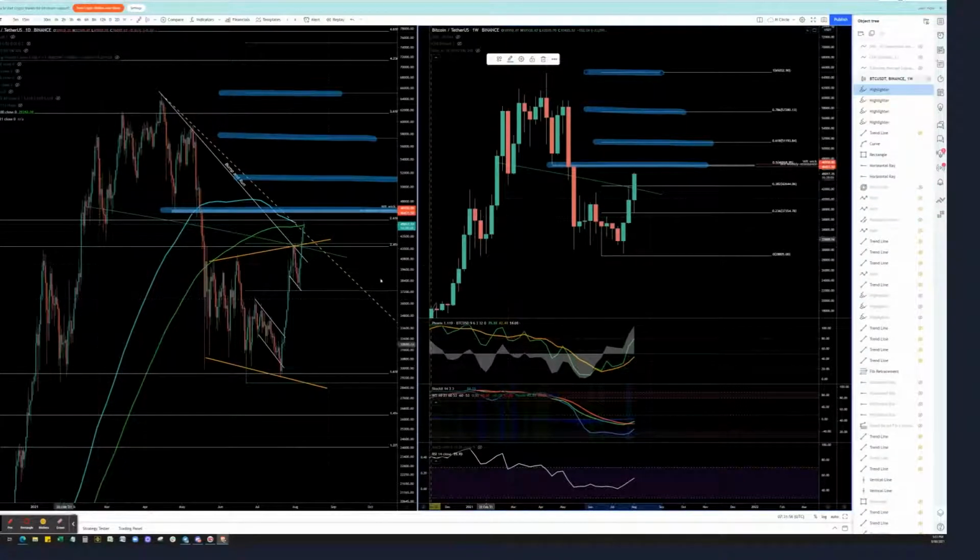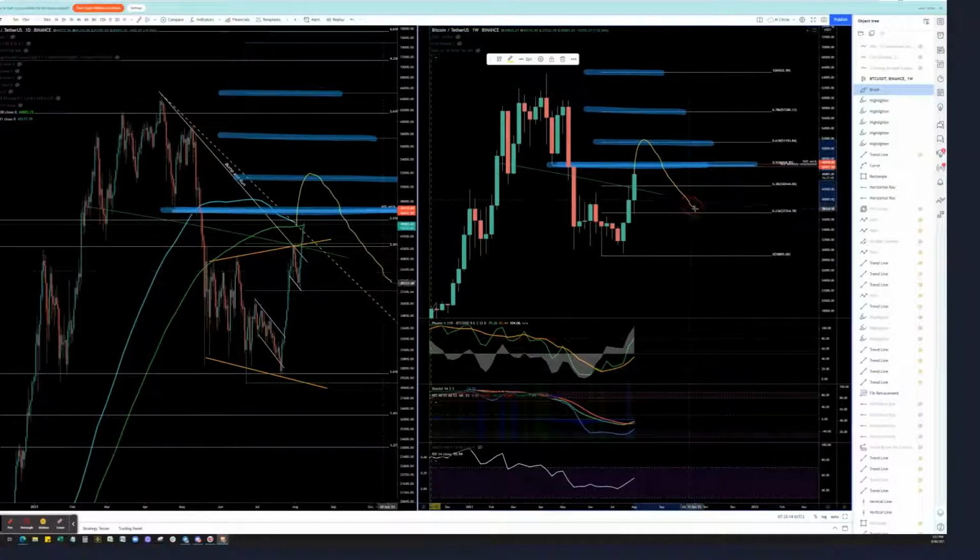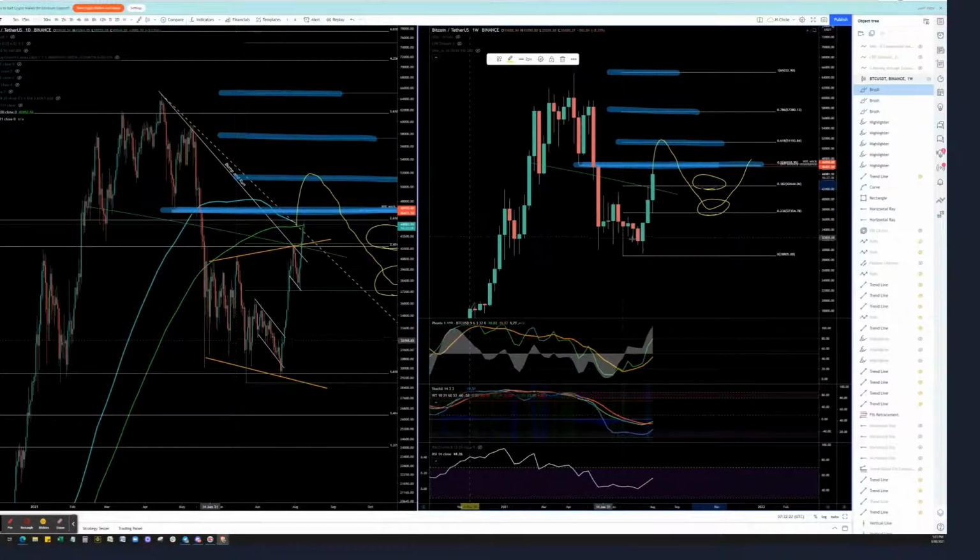So in the small time period, I see this acting as resistance, but this is the major one here. So the 0.618 is likely to be the rejection spot, and then down. Maybe here, maybe there.